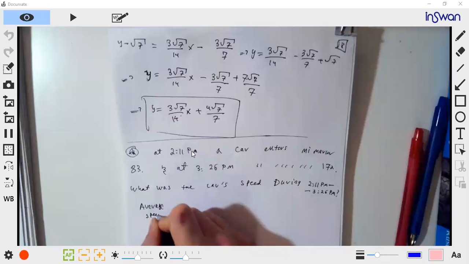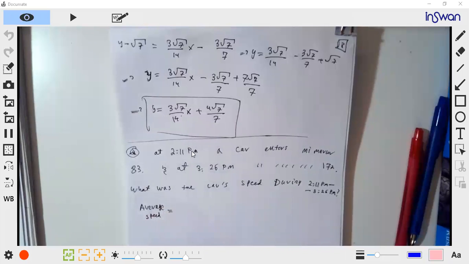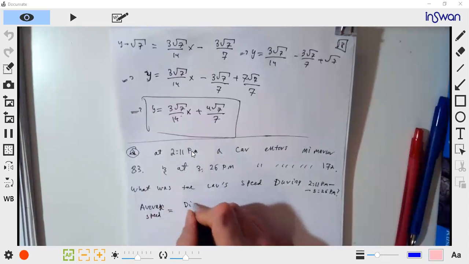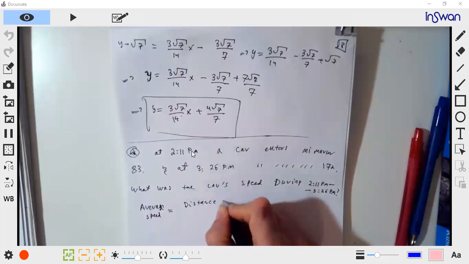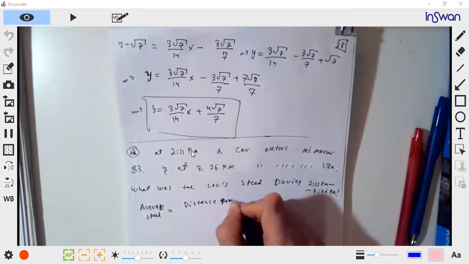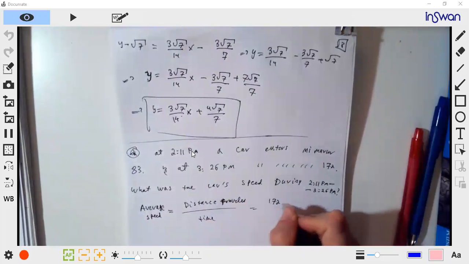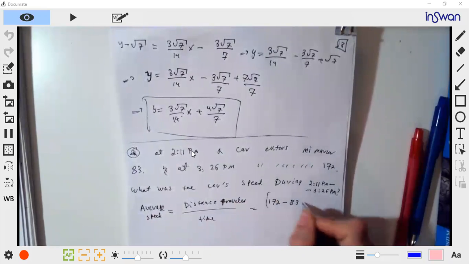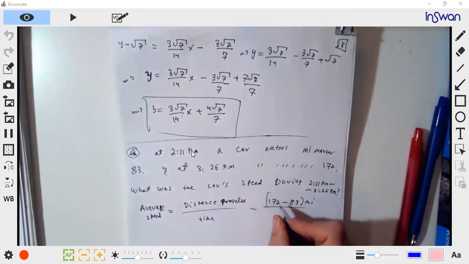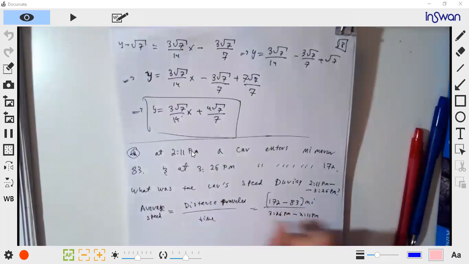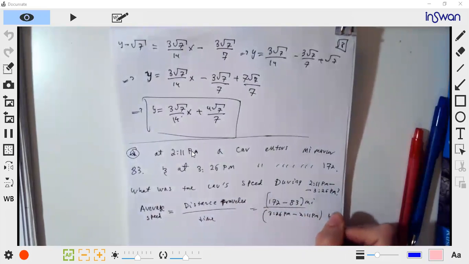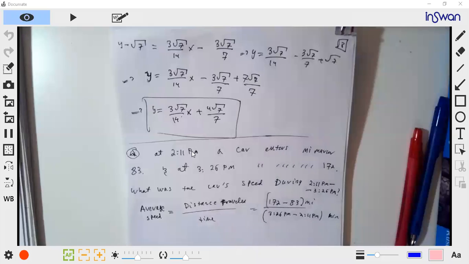We can only calculate the average speed, and that's equal to the distance that it traveled divided by the time that it took. So that's 172 minus 83 in miles divided by your 3:26 p.m. minus your 2:11 p.m. in minutes. All right.